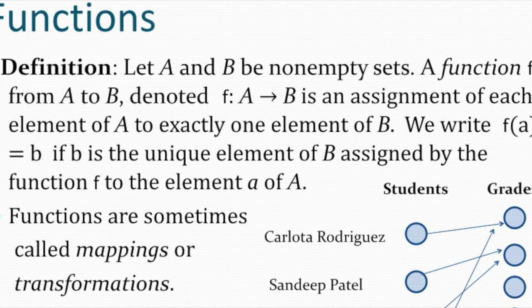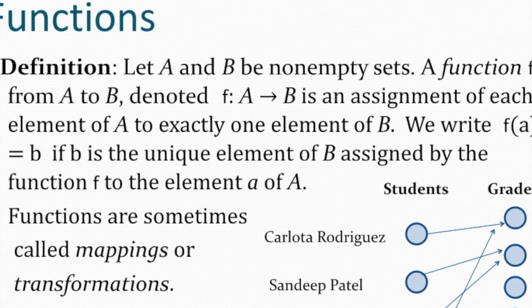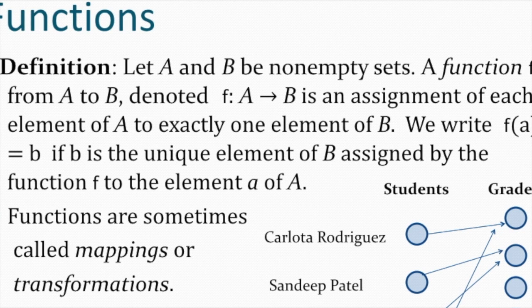Look at the example we have here in the slides. Let's say we have a set of students and a set of grades, and now we want to map between them. For every student who gets an A, we draw a line from that student to his image in the codomain, which is the grade he gets.